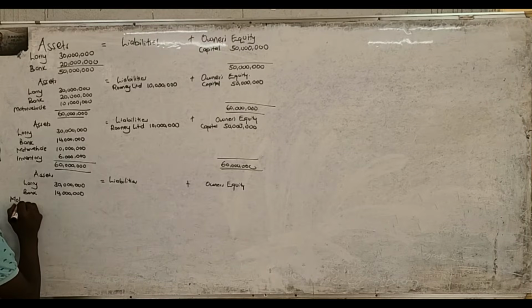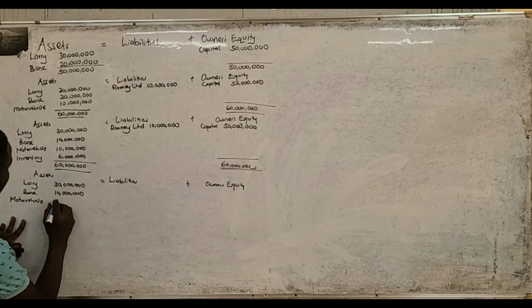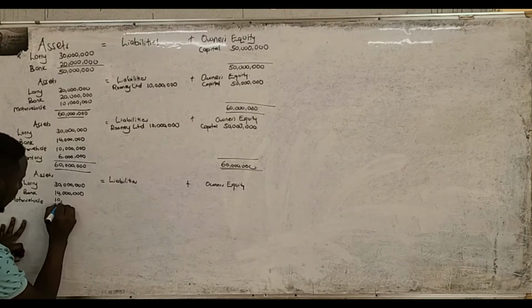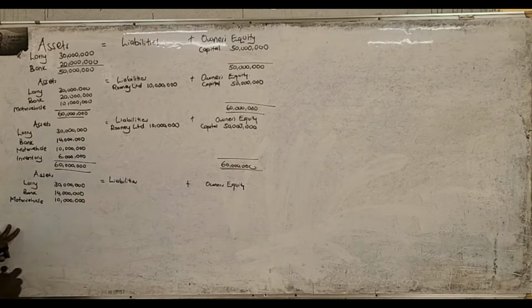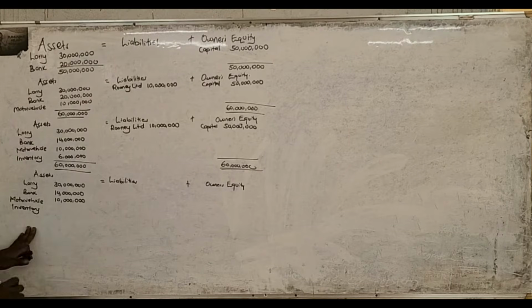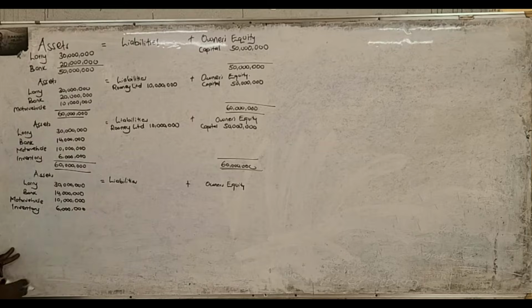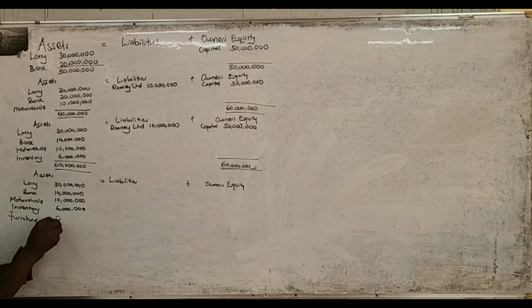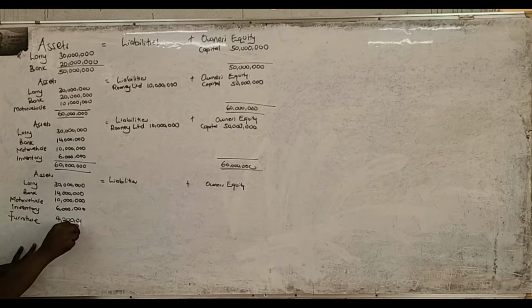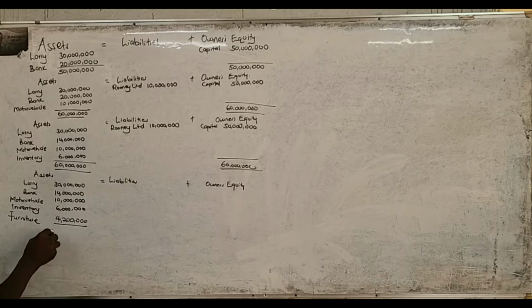Then we shall have our motor vehicle, and our motor vehicle is 10 millions. Then we shall have our inventory, and our inventory is 6 millions. Then now we bring in our furniture, and our furniture is 4,200,000.